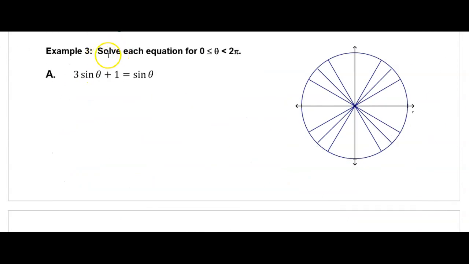Okay, so in example 3, it says solve each equation for theta between 0 and 2 pi. So as soon as they say that, we know that we are in radian mode. If it says between 0 and 360 degrees, we would know we were in degree mode. So our answer should be given in radians. So we're going to solve this equation for sine theta. So we need to get sine theta on one side.